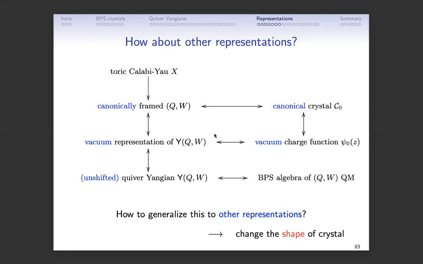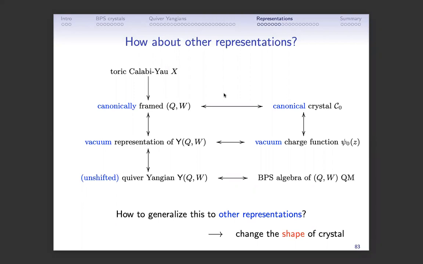Starting from the vacuum charge function, you can grow this canonical crystal, which corresponds to the canonically framed quiver, and which corresponds to the vacuum representation of the quiver Yangian. And from this, you can bootstrap the quiver Yangian. In this case, we call it unshifted, to distinguish it from the shifted one later. And this gives you the BPS algebra of the corresponding quantum mechanics system.